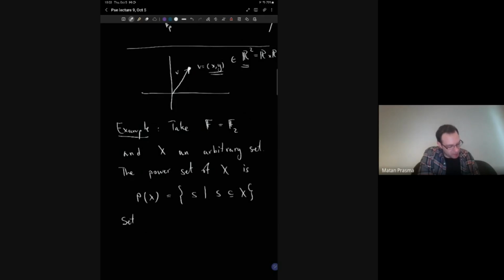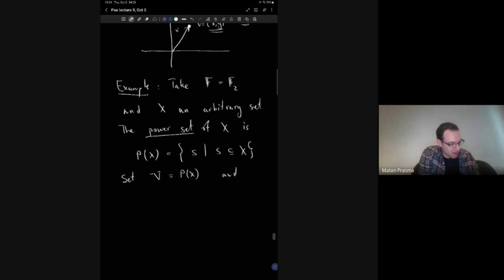Now, we take V to be simply this power set, P(X). And now I need to tell you how to add two vectors and how to multiply by a scalar. So actually, let's first start with the multiplication by a scalar. The 0 element of V is the empty set, right?